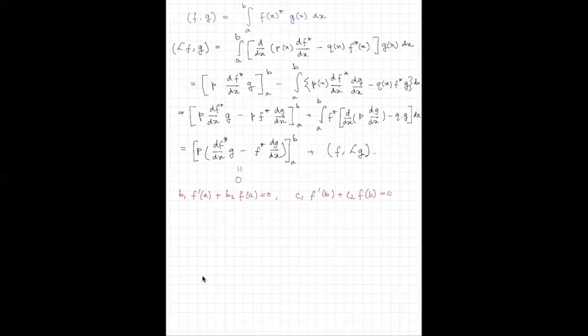These are examples of boundary conditions, where f stands for all our functions above.